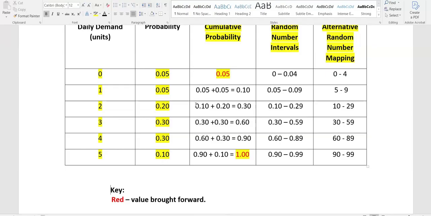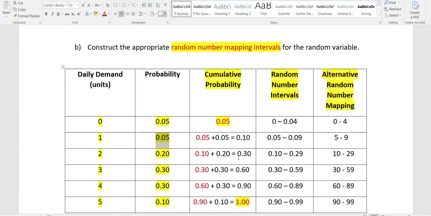I'm going to put these numbers in red. And the keys, those were the values that we brought forward. See the key there? Value brought forward. And this as well, red. Value that was brought forward and added to the probability that we are in line with. Okay, guys, are we okay?